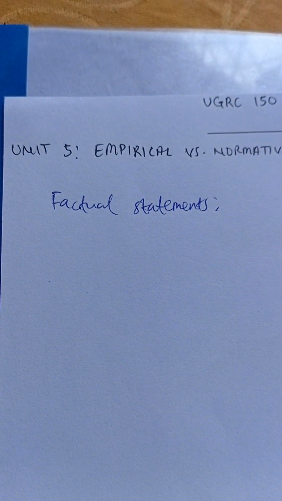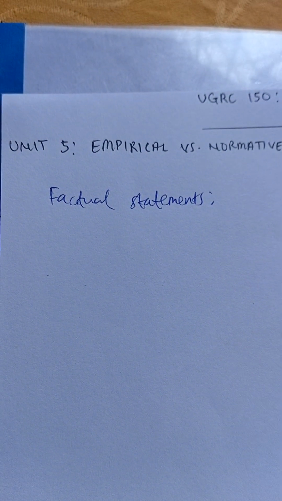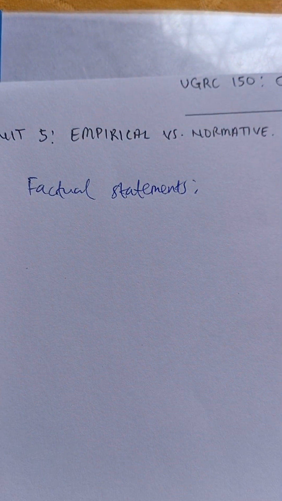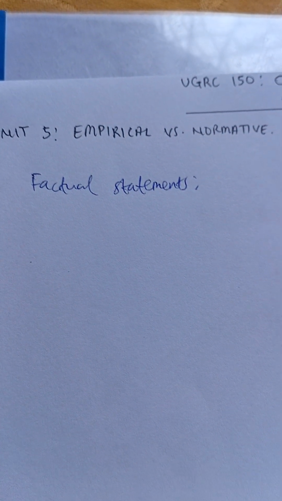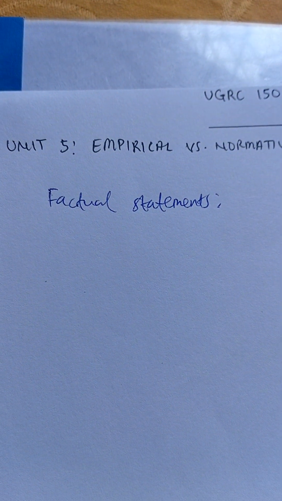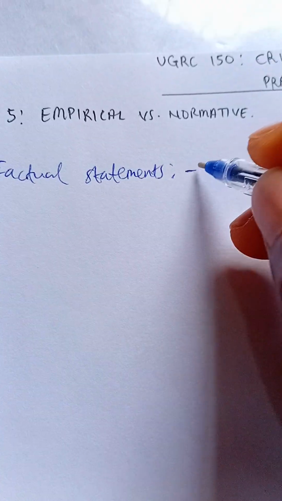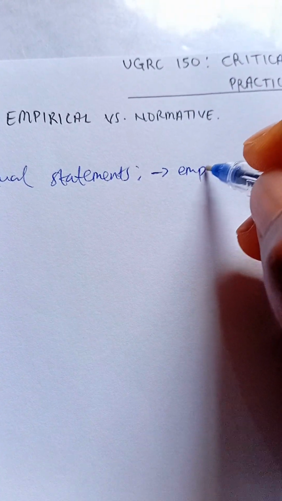We said that they describe what is there through observation, the way the world is as we experience it with our senses. So they are derived from experience or observation. If it is so, then we call it empirical.